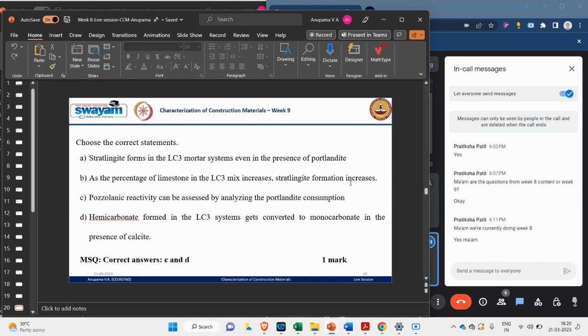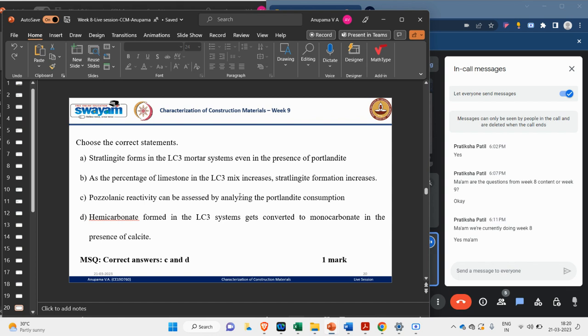Now, the third one is pozzolanic reactivity can be assessed by analyzing the Portlandite consumption. This is a true statement because we just compared fly ash and calcined clay. Which one did consume more Portlandite? Calcined clay. So, calcined clay has a higher pozzolanic reactivity compared to fly ash.